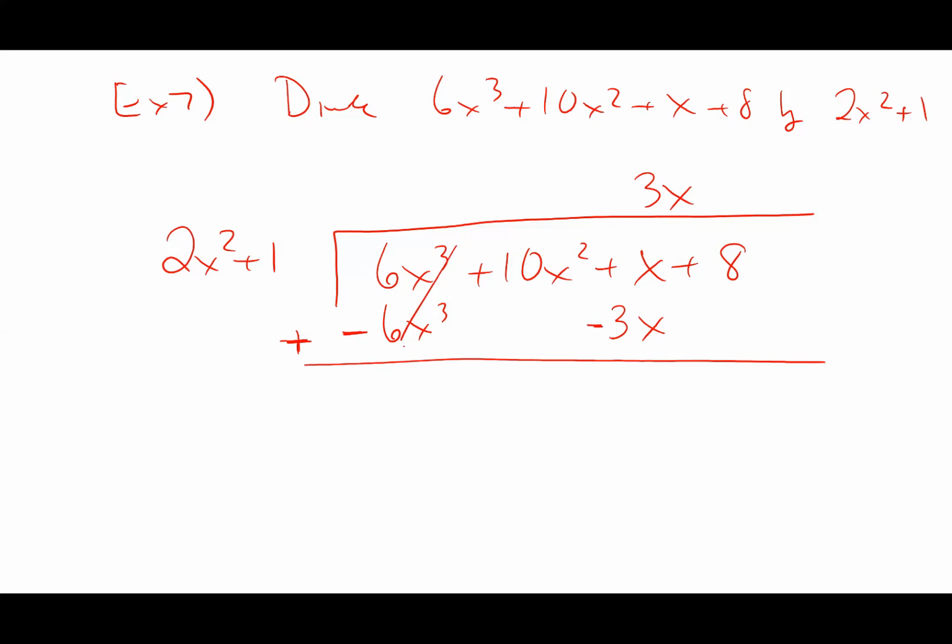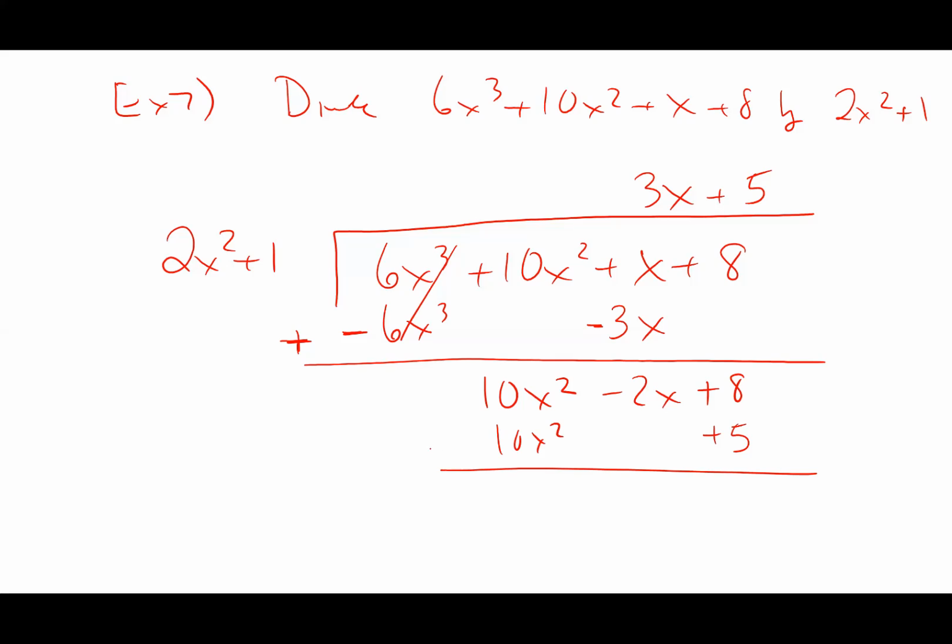That's gone. But notice, yeah, we have a -2x, right? But that's not our leading term. What's our leading term? 10x squared. That comes down. And you might as well put the plus 8 down now. So 2x squared times what gives you a 10x squared? +5. That's cool. So now 5 times 2x squared is 10x squared. 5 times that slides underneath the 8 this time.